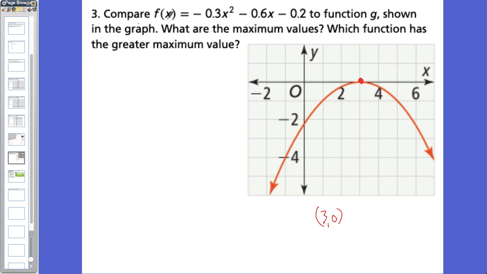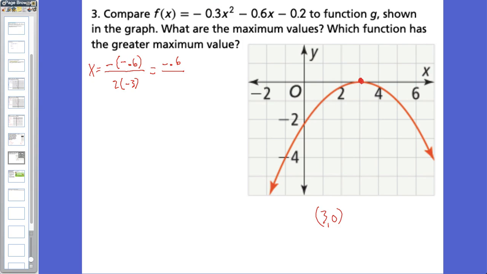All right, well, let's find the other. We got to do a little work. So let's do x equals negative b, which is negative 0.6, over 2 times negative 3. So a negative negative is a positive. So that would be positive 0.6.